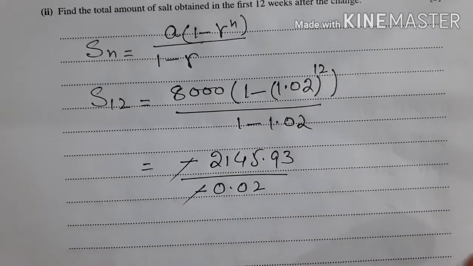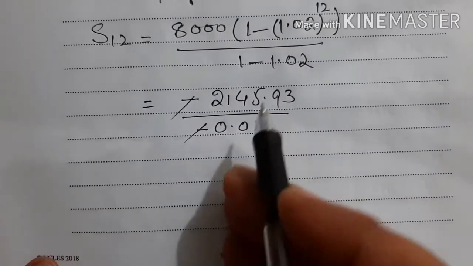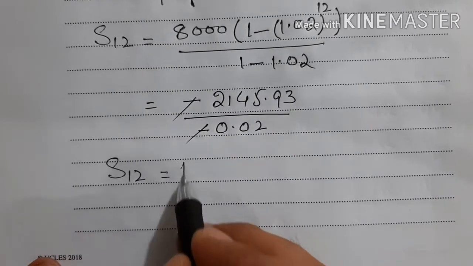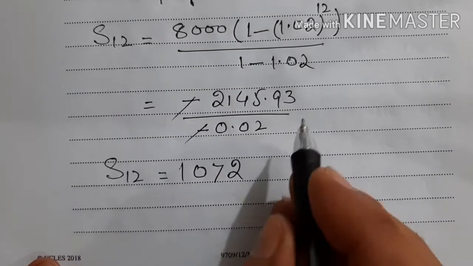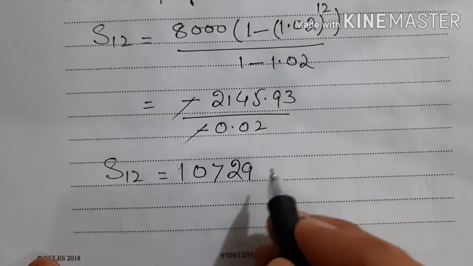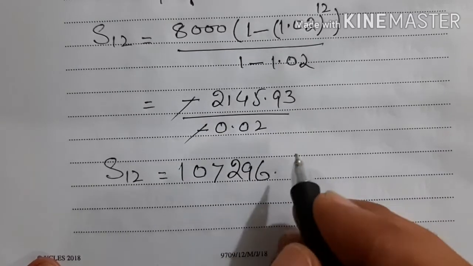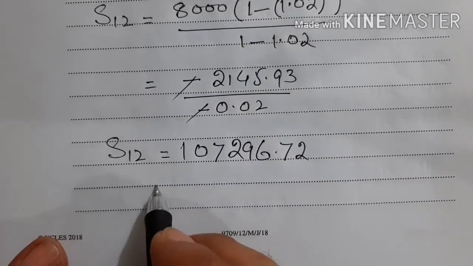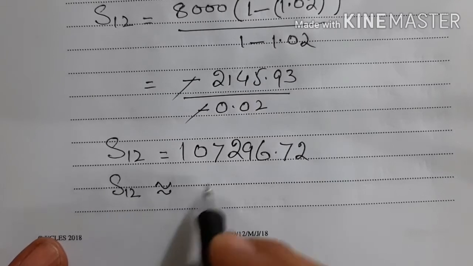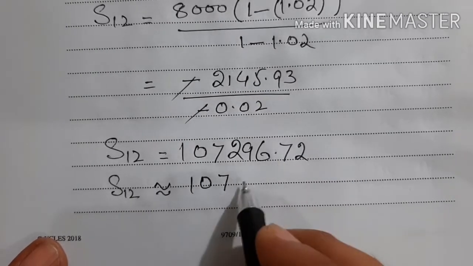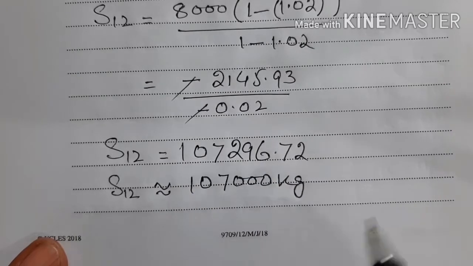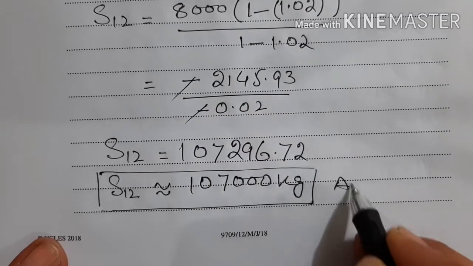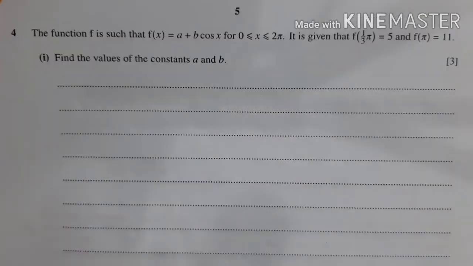So minus will be cancelled with minus, and by dividing this by the calculator, S12 will be 107,296.72, which will be equal to almost, by rounding off, 107,000 kg. This is the sum of all 12 weeks. This is the answer of part 2.